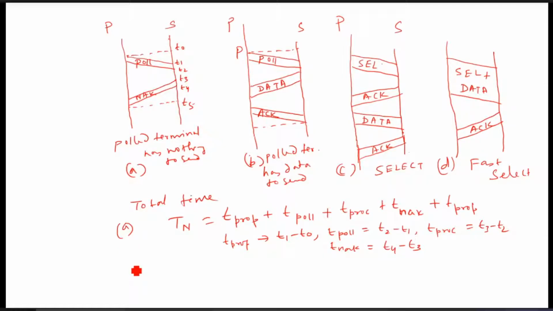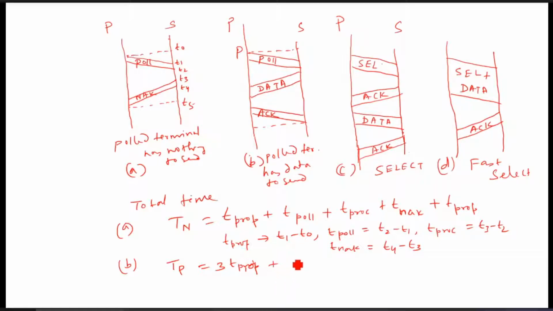Now for case B, in this case you see there will be 3 propagations: propagation for poll message, data, and acknowledgement. So in this case, TP will be thrice of T propagation. In case A it was two T propagations; in this case, 3 T propagations will be there.